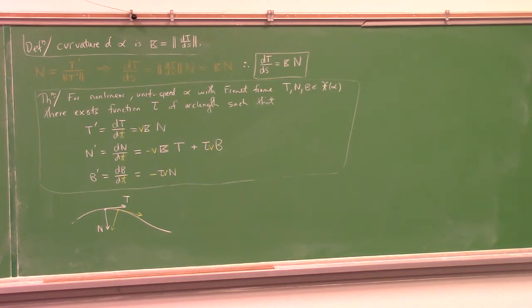So first of all, we have alpha of t. That's just the position, right? Position at time t. We differentiate, what do we get? V vector, d alpha dt, that's the velocity, right?